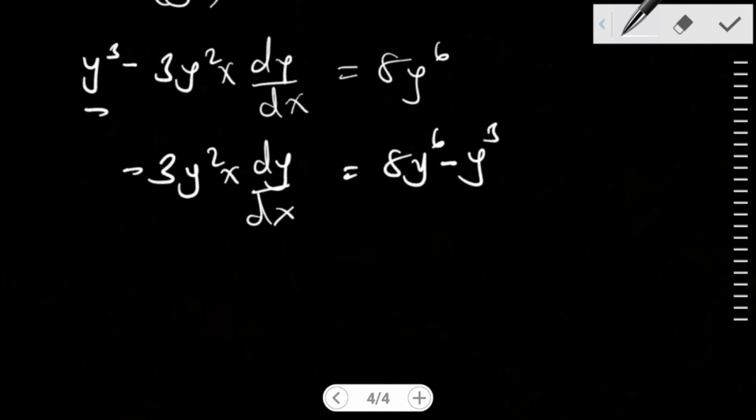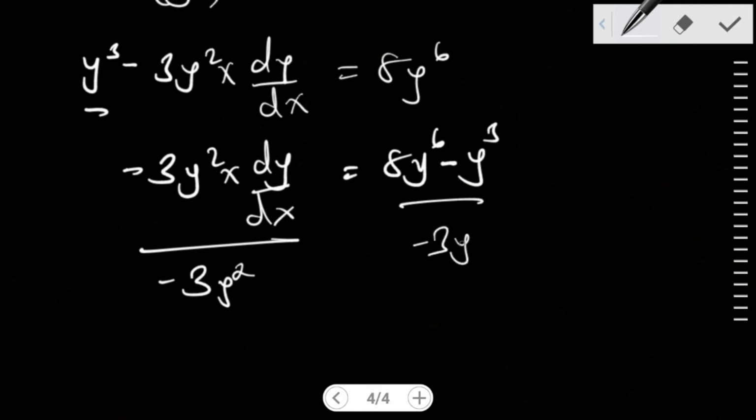Having got so, I'm going to divide throughout by negative 3y squared.